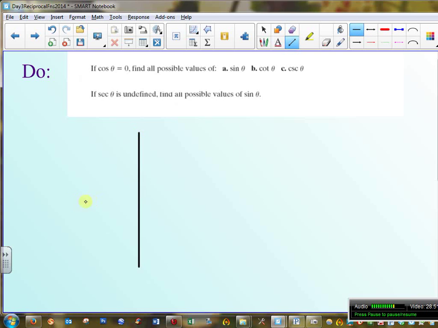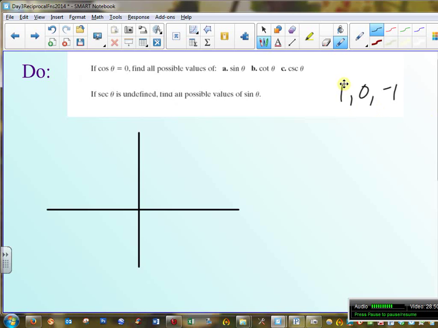And then the last set of problems that you have refer to quadrantal angles. Anytime you see trig function values of 1, 0, minus 1, or undefined, you should be immediately thinking about your quadrantal angles: 0 degrees, 90 degrees, 180 degrees, and 270 degrees.